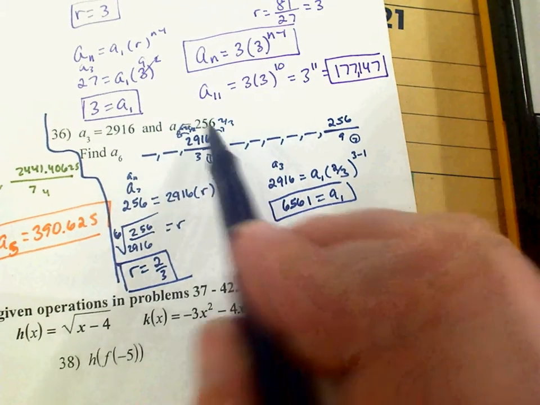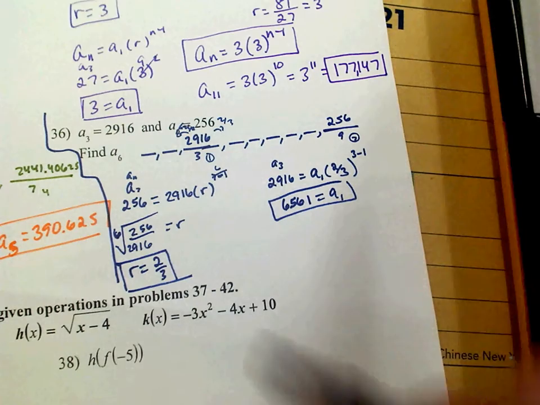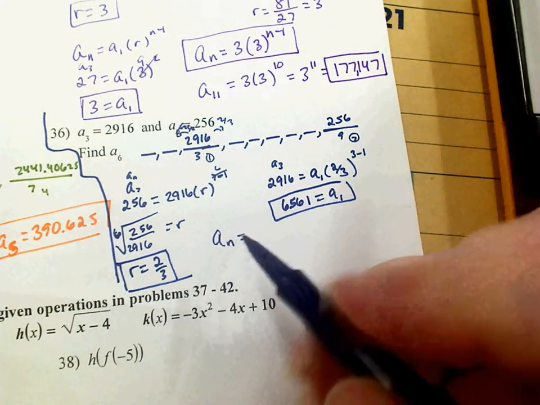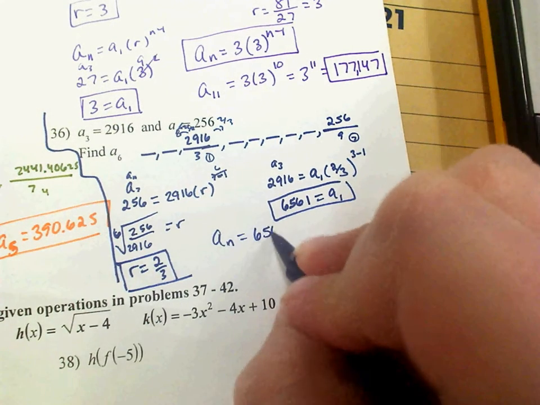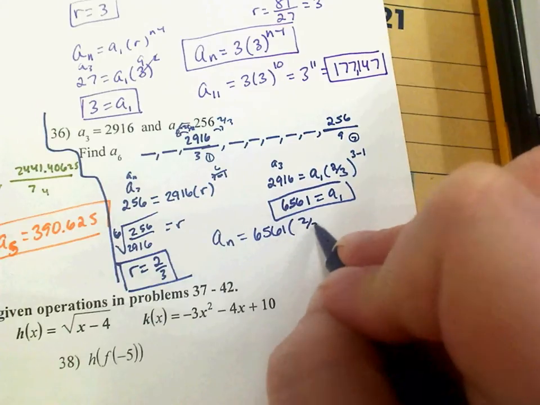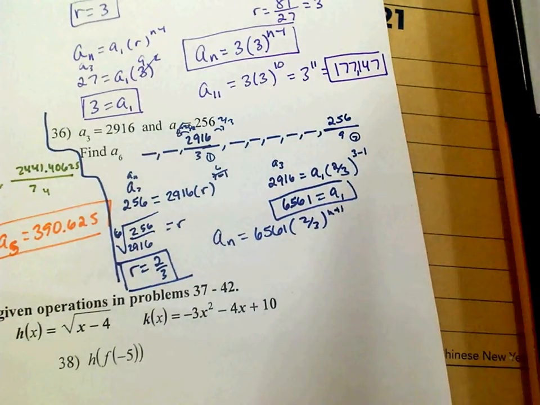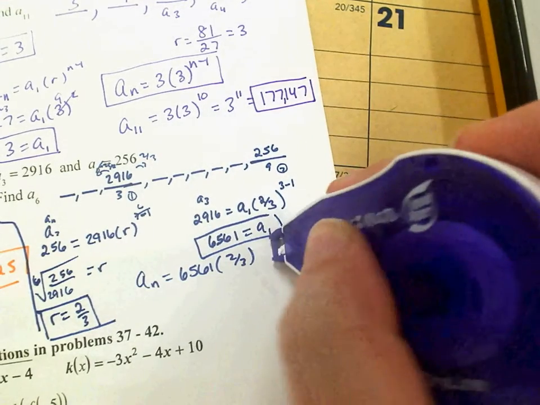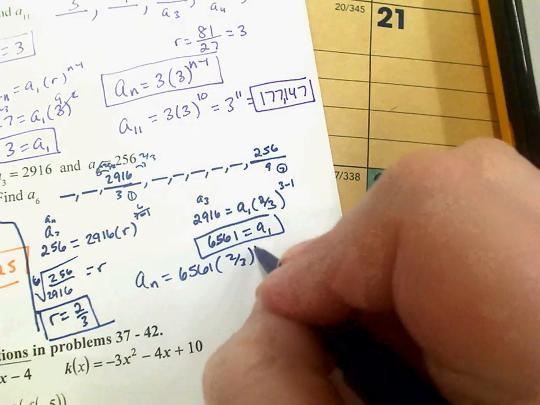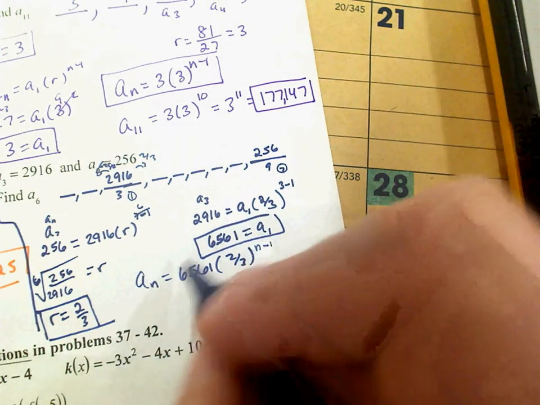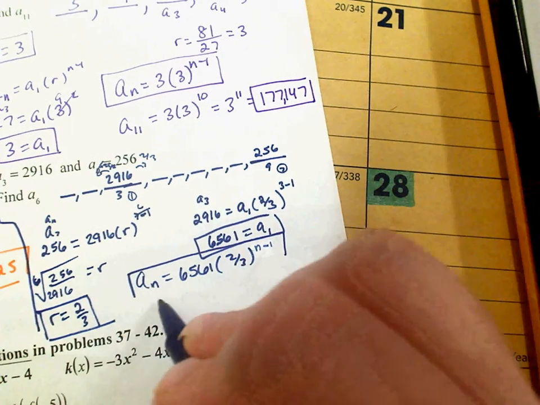And I need that to find the explicit formula. A sub n equals a sub 1, 6561 times the common ratio, 2/3 to the n minus 1. Not n plus 1, n minus 1. And then the last thing it asked me to find is the sixth term.